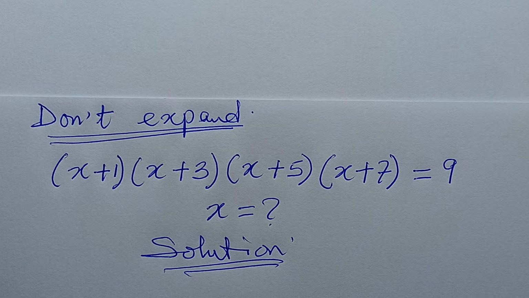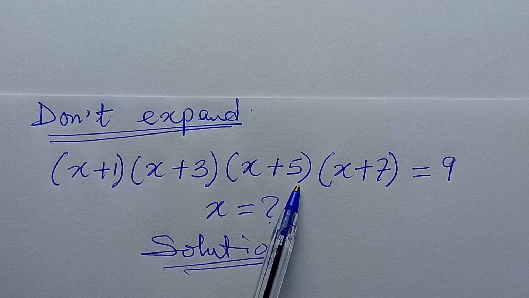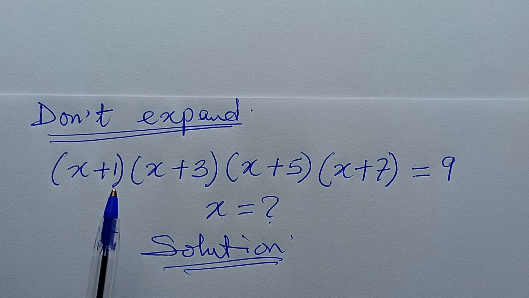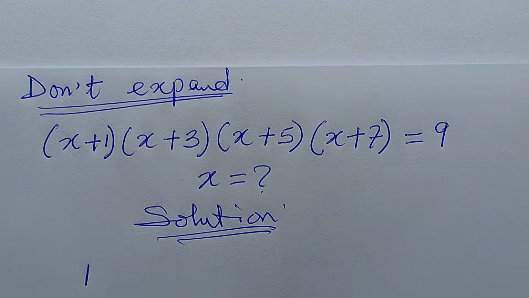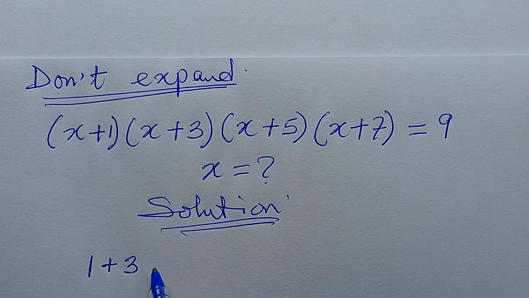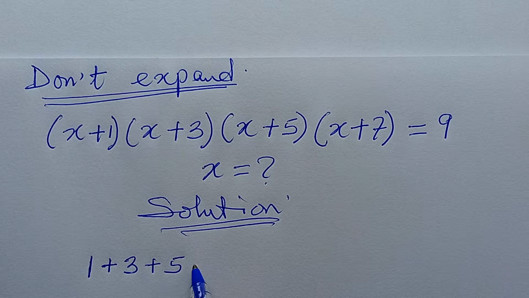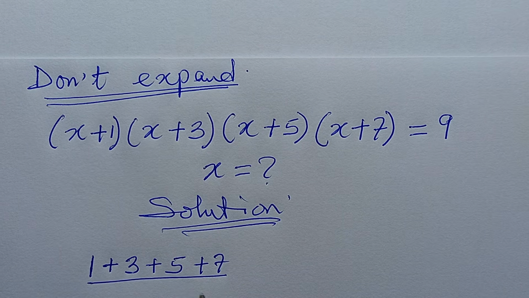All right. Now, the first thing we're going to do is to find the average of the terms we have as constants. So the average here, we have our 1, plus the next figure 3, the next one 5, and the next one 7, right? This is all over how many of them?